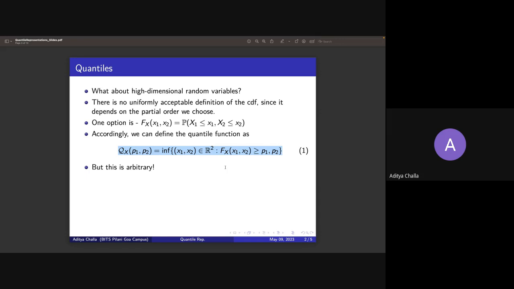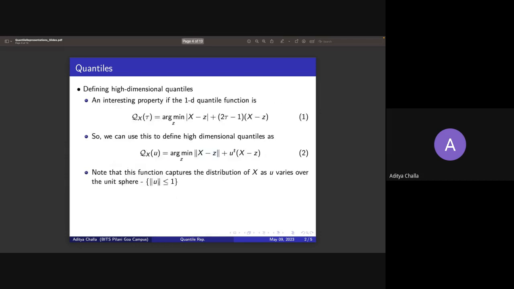But the problem is this is arbitrary, and more importantly, if the probability is high dimensional, then we expect the quantiles also to be high dimensional. So one way to define this would be to observe the following. At a particular quantile level, you can actually get the quantile by minimizing a simple cost function, which takes the minimum over x of the expected value of the norm of x minus z, plus (2 tau minus 1) times x minus z.